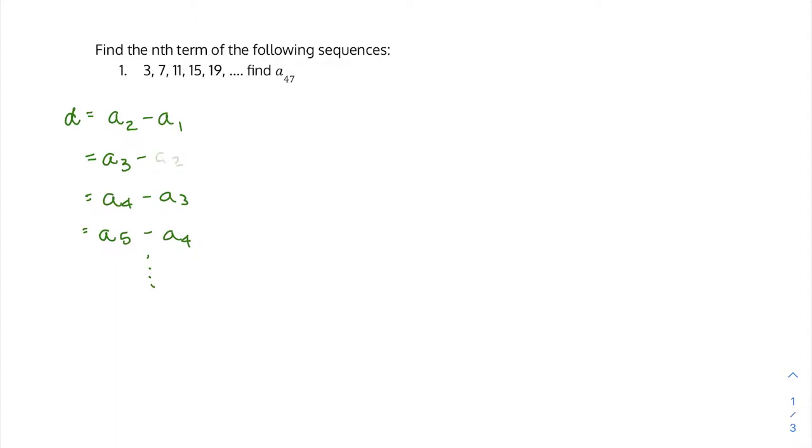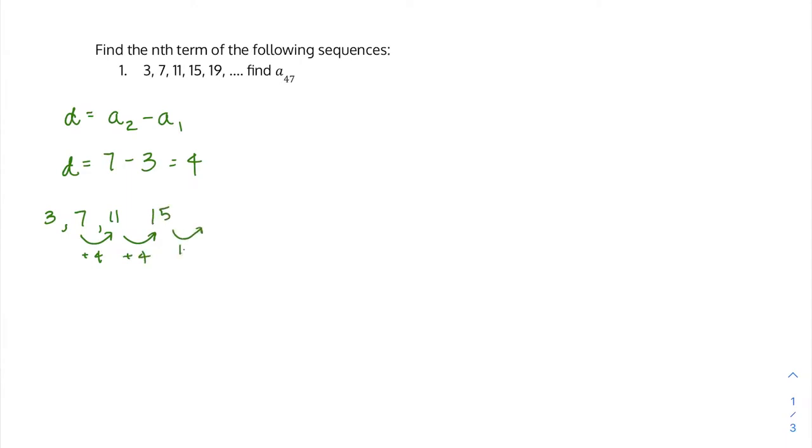For it to be an arithmetic sequence, all of these common differences have to be equal. Another way to verify that is to find the common difference: if it is arithmetic, the common difference would be 7 minus 3, which is 4. We can check: 3 plus 4 is 7, 7 plus 4 is 11, 11 plus 4 is 15, 15 plus 4 is 19.